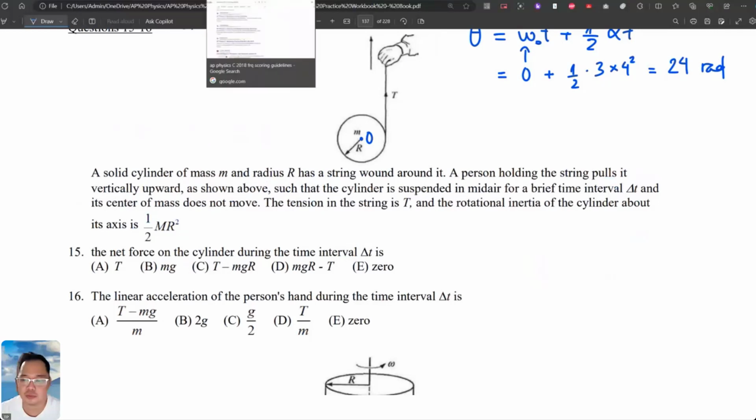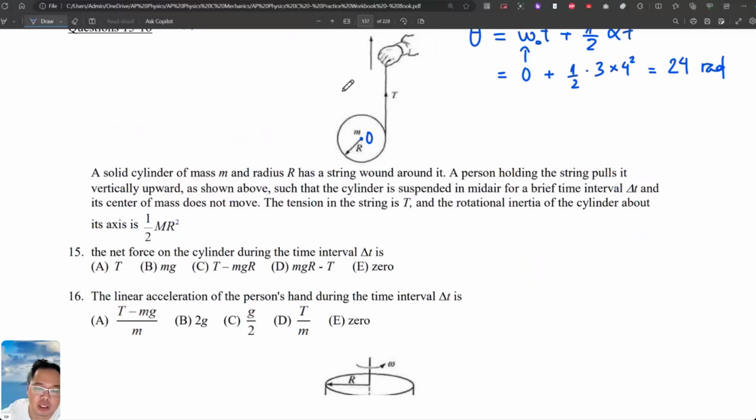Brief time interval, the tension is T, and the rotational inertia of the cylinder is 1/2 mr squared. The net force of the cylinder during the time interval delta t is, the net force is 0.